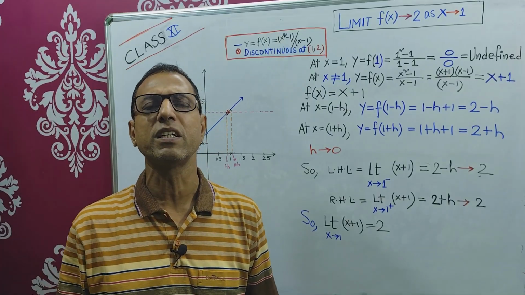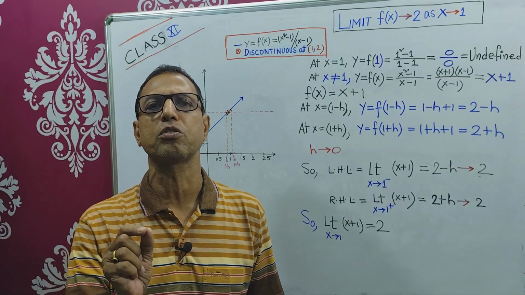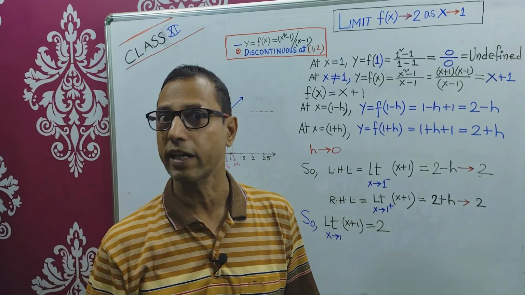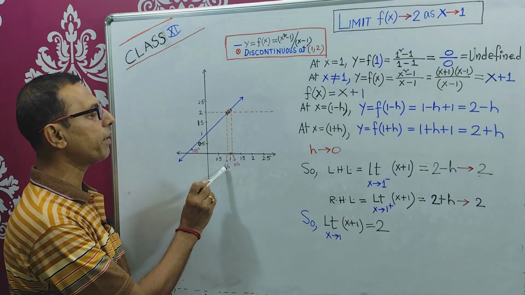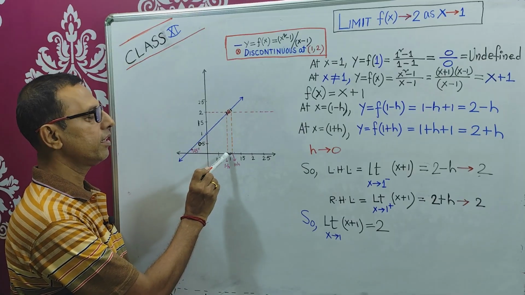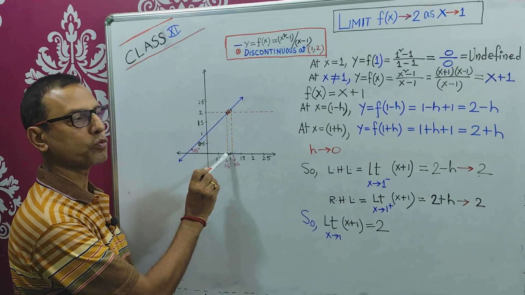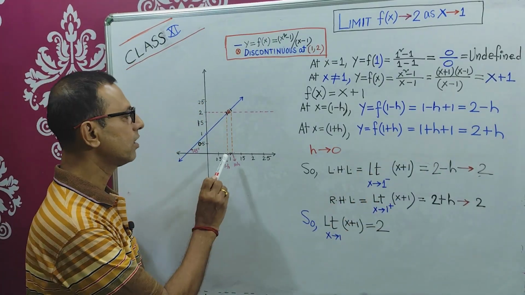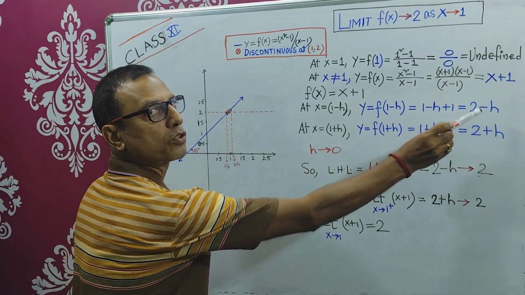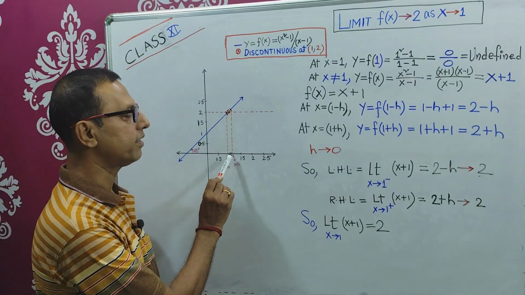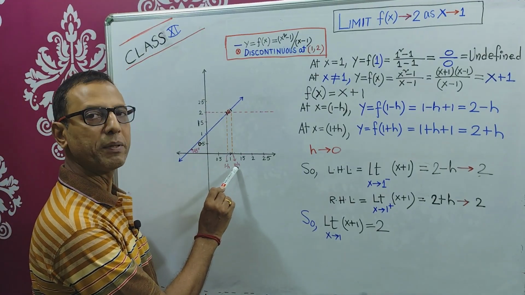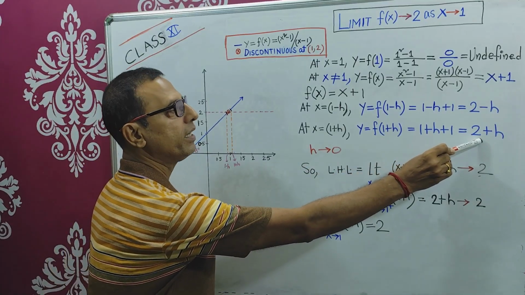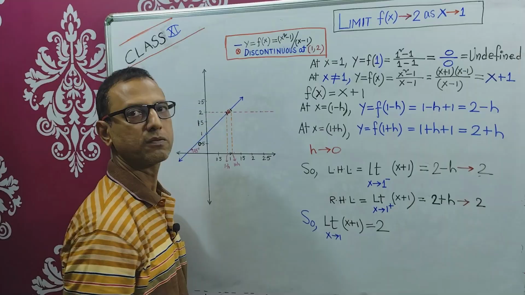Let's assume h is 0.0000000001. That is equivalent to 0, but not exactly 0. When the point 1 minus h approaches x equals 1, the value 2 minus h is increasing, that means the value of the function is approaching 2. When the right side point approaches 1, h is diminishing, so 2 plus h, the function value, is also diminishing.